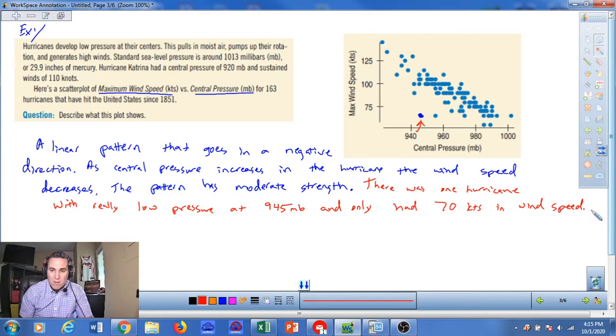So to me, I gave you the location of where that point was by telling you the coordinate. I have context in there.